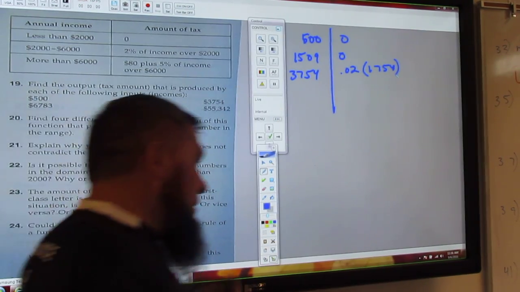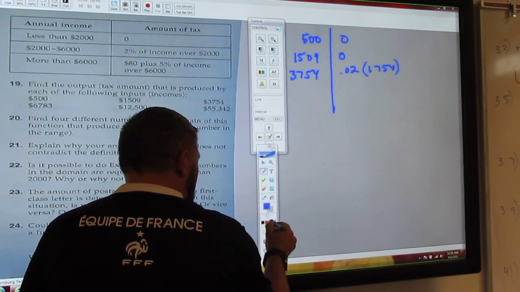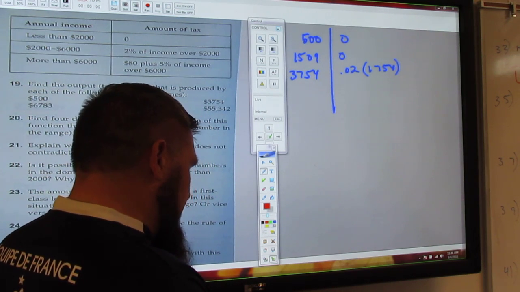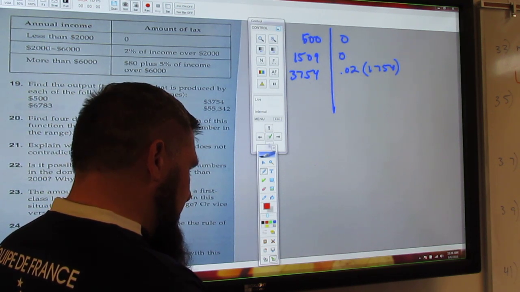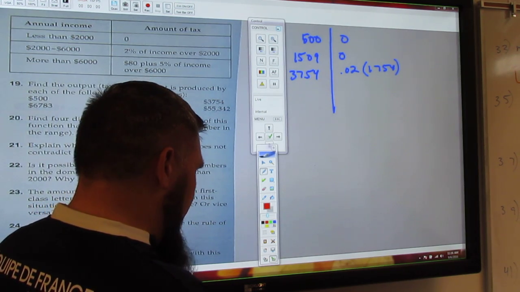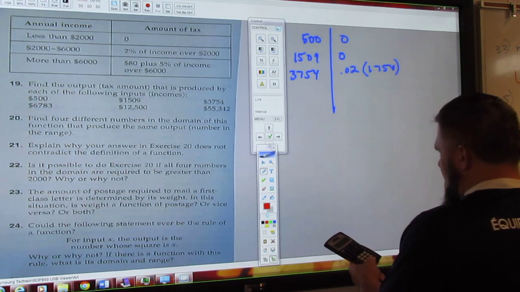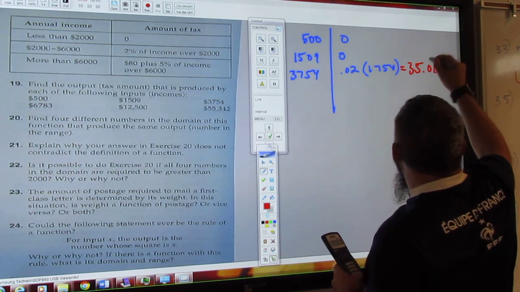Then you grab your calculator and do the math. We're going to learn this calculator. And then I'll put the actual number in red. So 0.02 times 1754 is $35.08. Good.